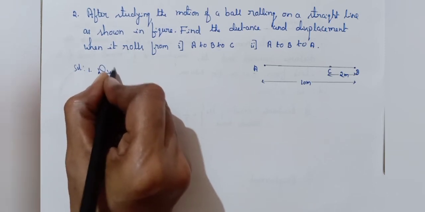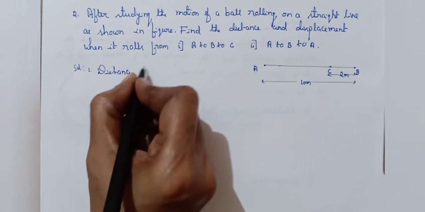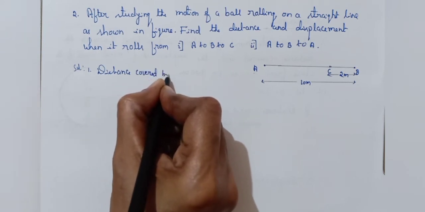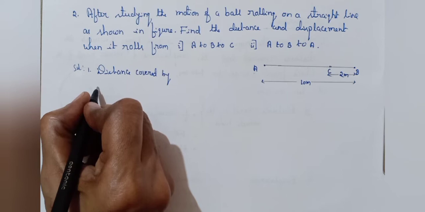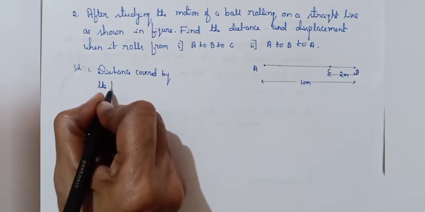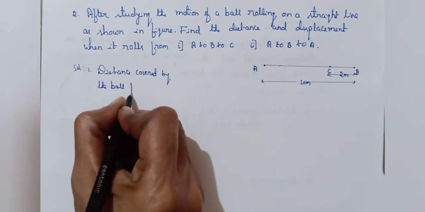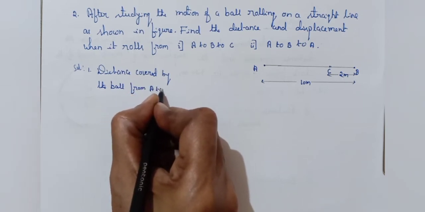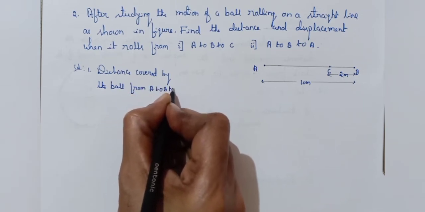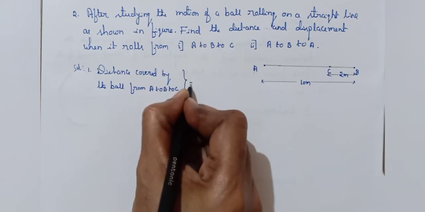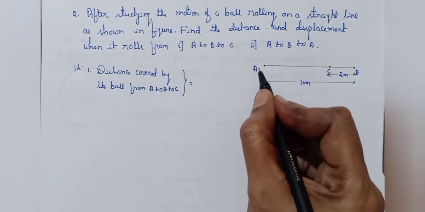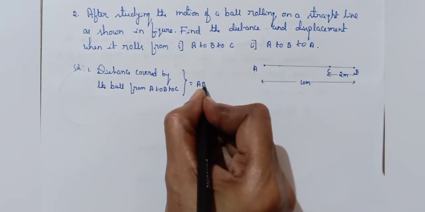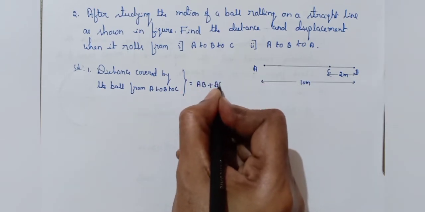Distance covered by the ball from A to B and B to C. So when it rolls from A to B and B to C, the distance covered is AB plus BC.